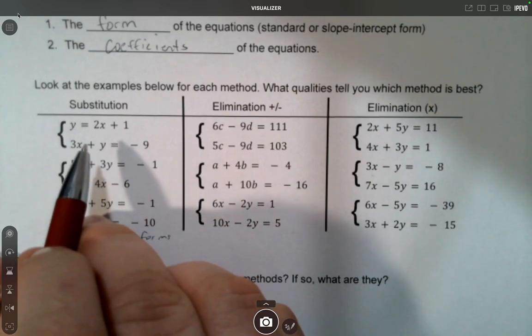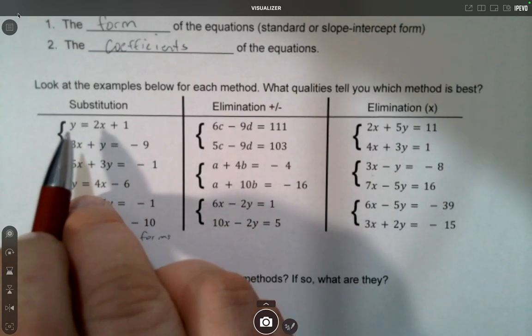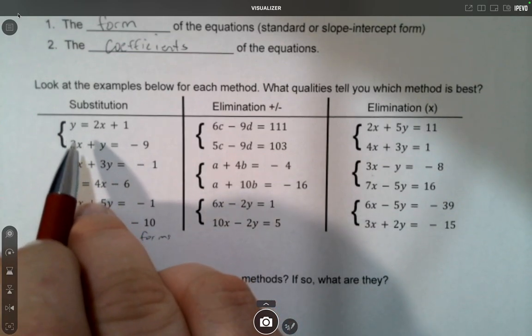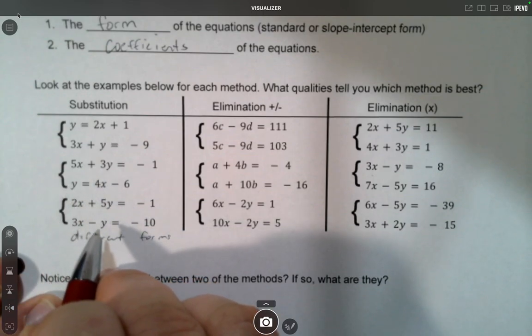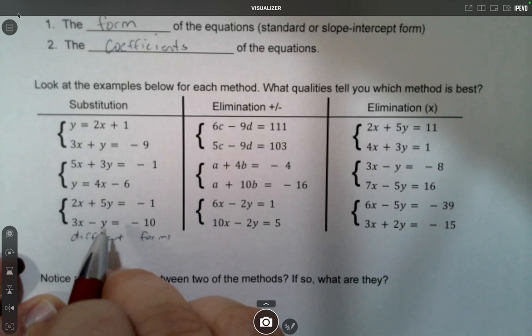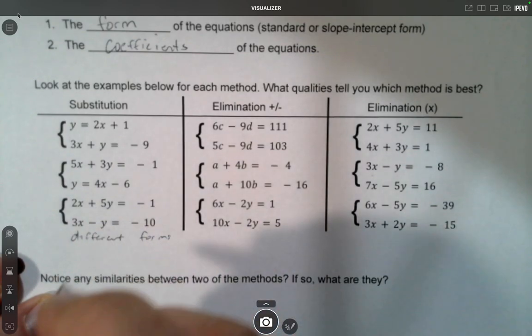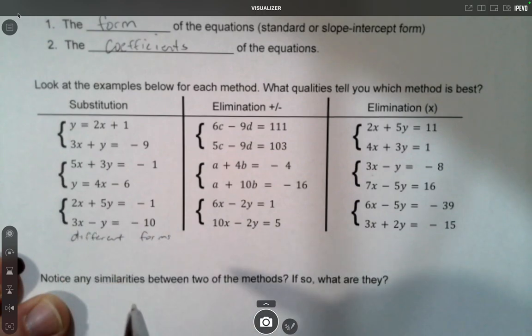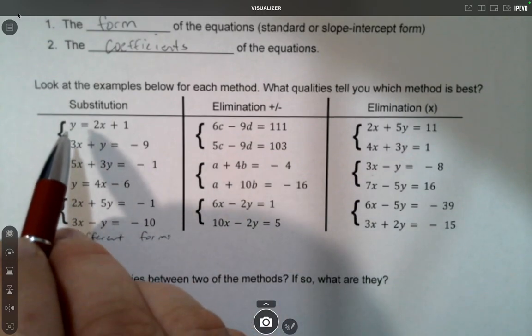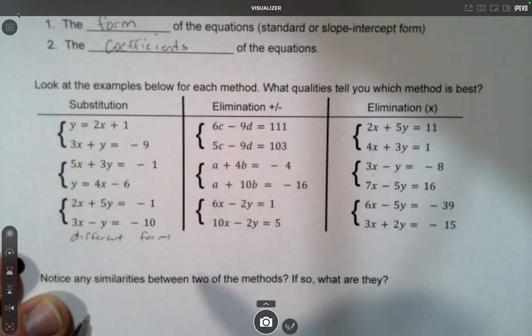But we do notice that in this one, y is by itself. In this one, y is by itself. And in the last one, it'd be pretty easy to get y by itself. Now, I happened to pick ones where it was y by itself or easy to get by itself. It could just as easily be x by itself, or x is easy to get by itself.